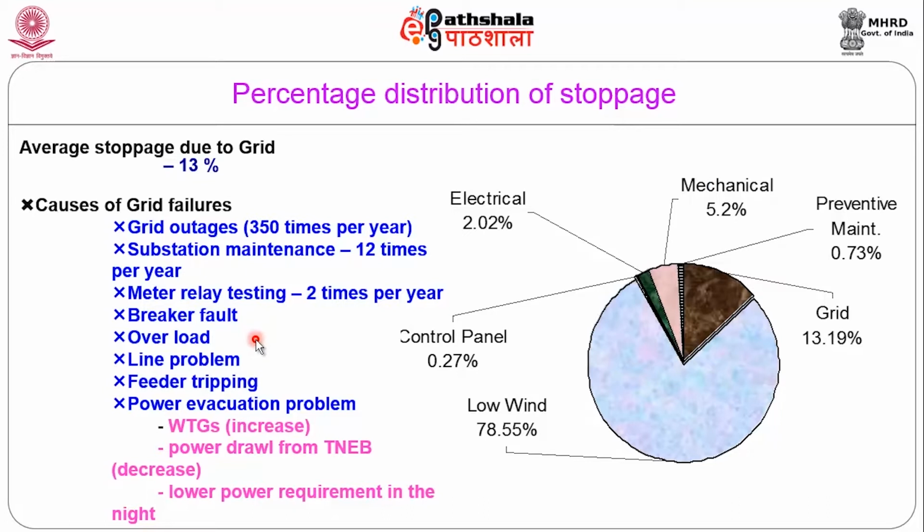And of course, in the southern part of India, we have very poor grid lines, and it needs a separate corridor to evacuate the electricity generated from wind farms to the other parts of the country.